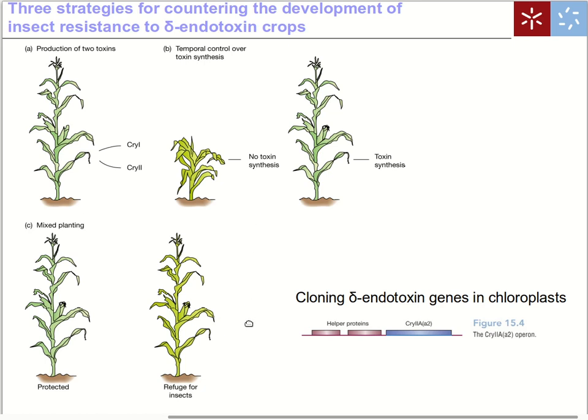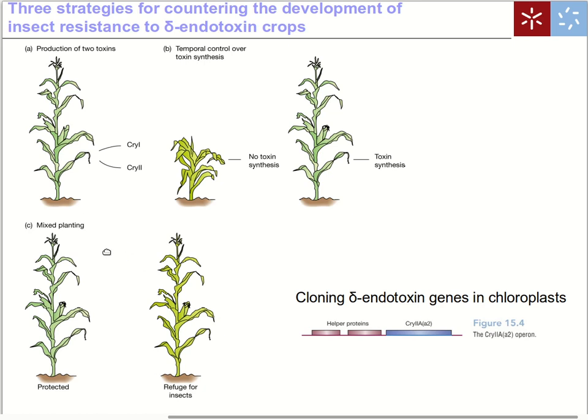The third idea is mixing resistant or protected plants and normal plants, these yellow ones here. What happens here is that there should be a certain percentage of these plants in the plantation.